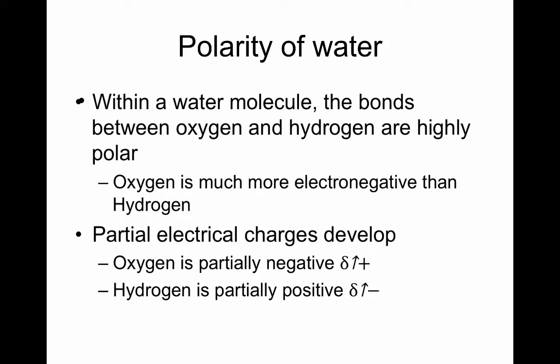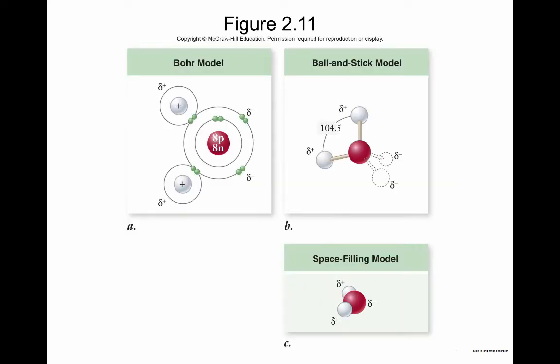Its atomic number is 8, which means it has 2 electrons in the first shell and 6 in the second. It needs 2 more to be stable, so it will pull those electrons towards itself. That ends up creating a partial negative charge on the oxygen and a partial positive charge on the hydrogen.